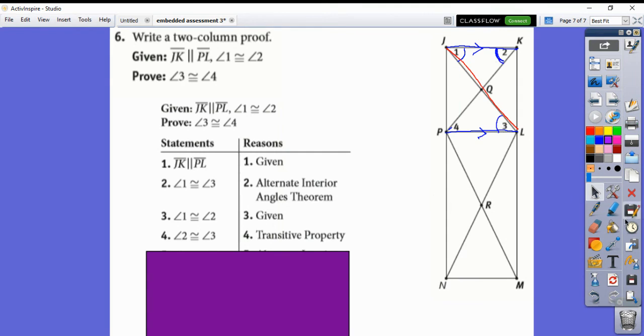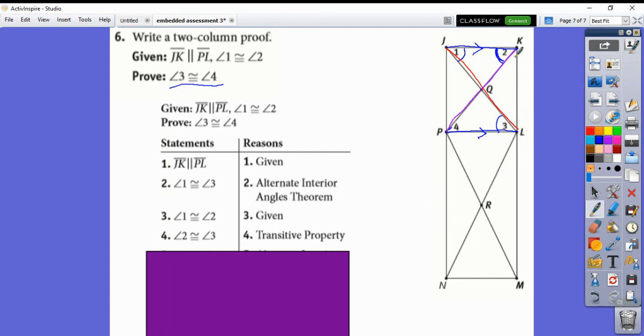So if you look at where we're trying to go, we're trying to prove that angle 3 and angle 4 are congruent to each other, right? We haven't said anything about angle 4 yet. But what's nice about this is we have another transversal that's connecting segments JK and PL. That's transversal PK.